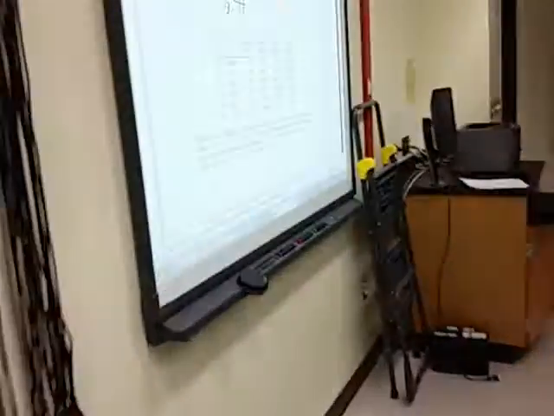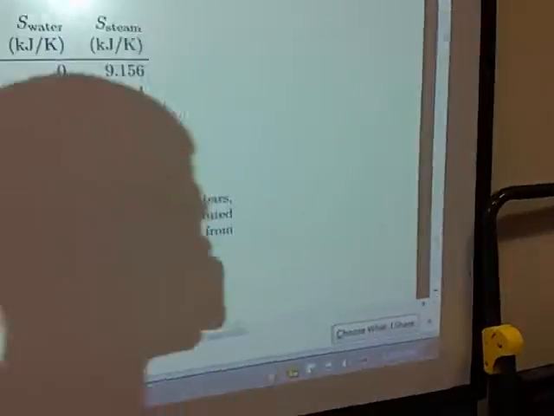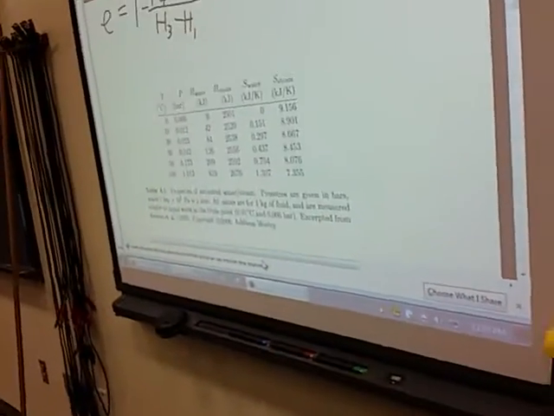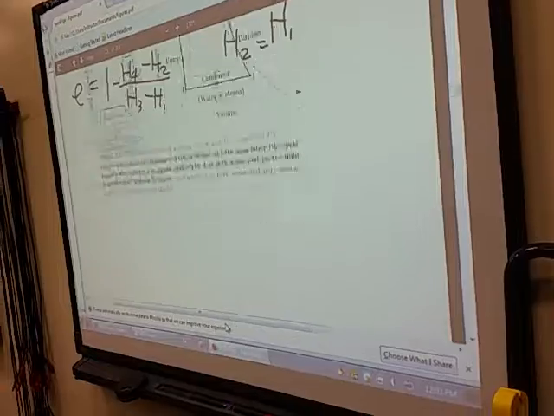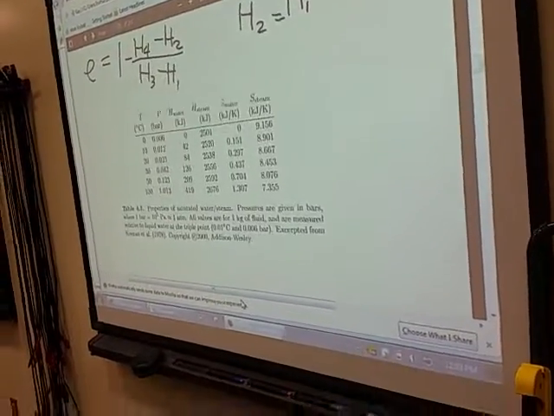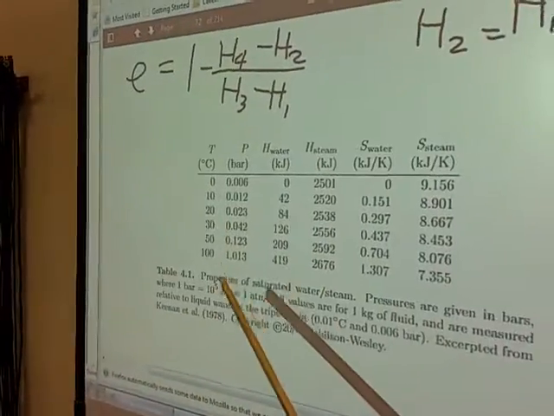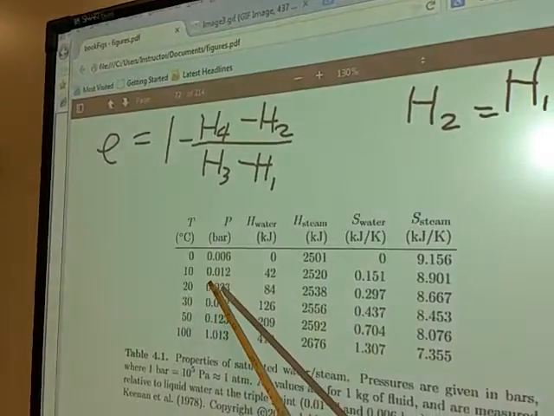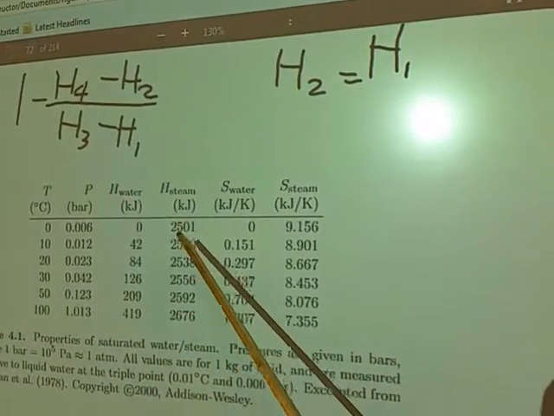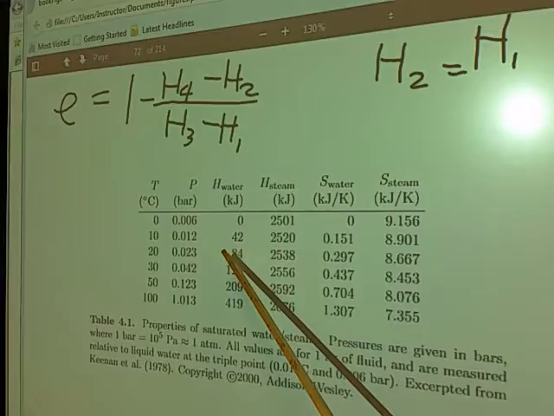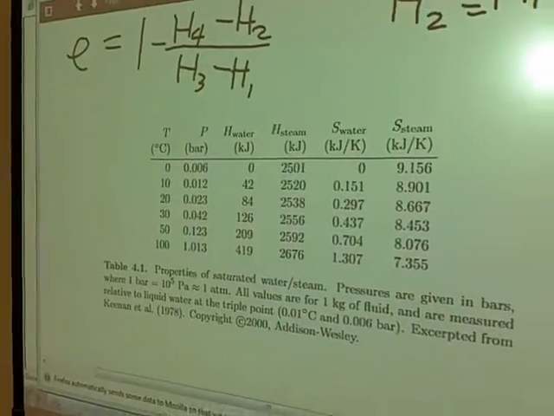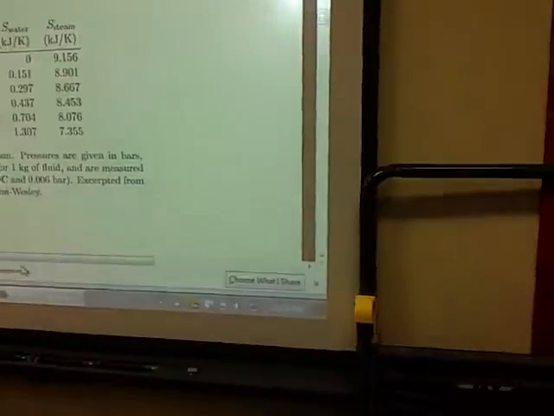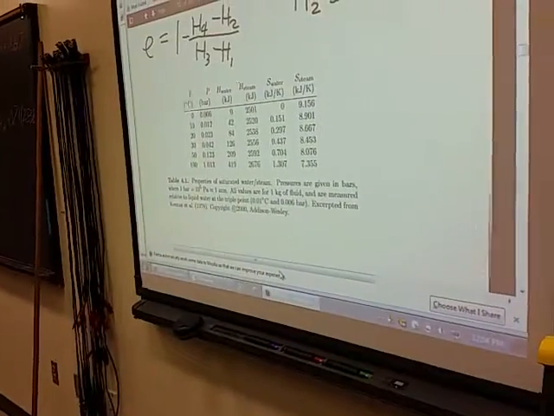So to find H1, our enthalpy right after the condenser, we check it out. At 0.023 bars, we need the enthalpy of the water, so that's 84. So H1 is 84.